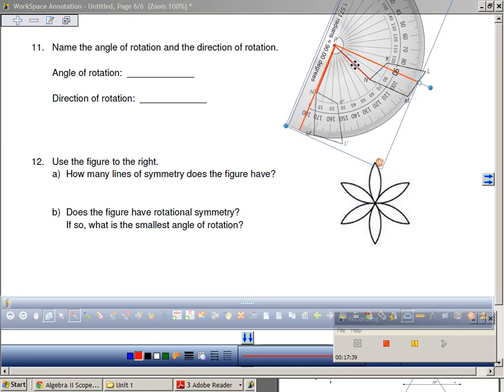Put it in the middle. And start at 0, right? So here's 0, 10, 20, 30, 40, 50, 60, 70. How'd you get 110?